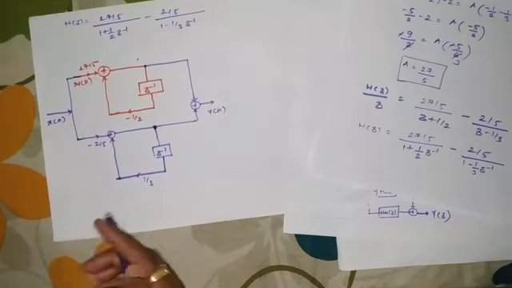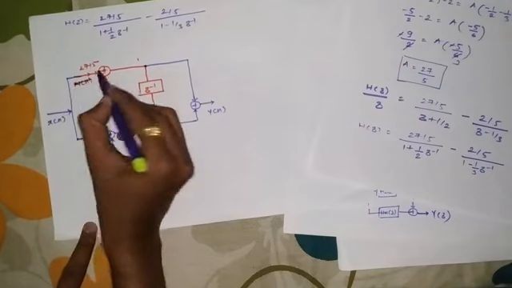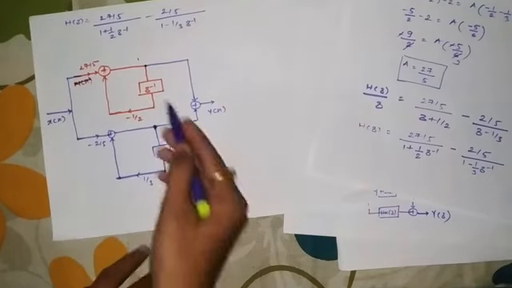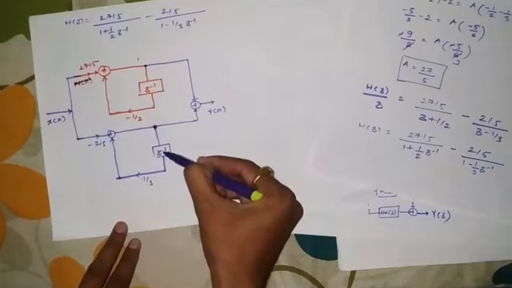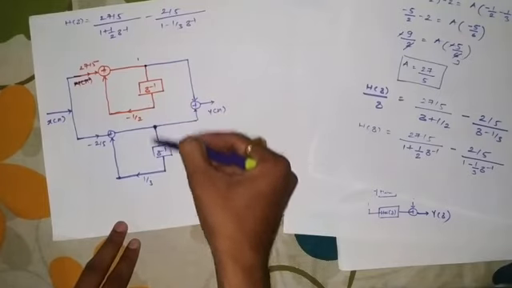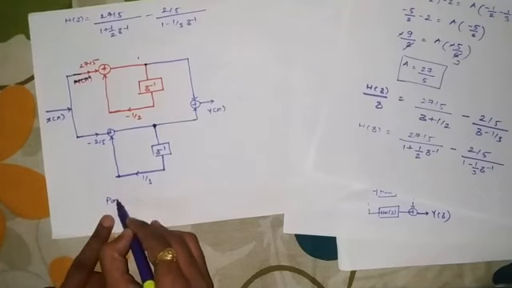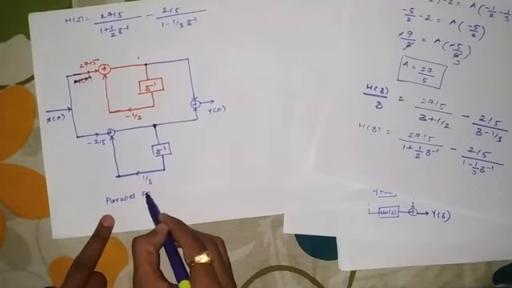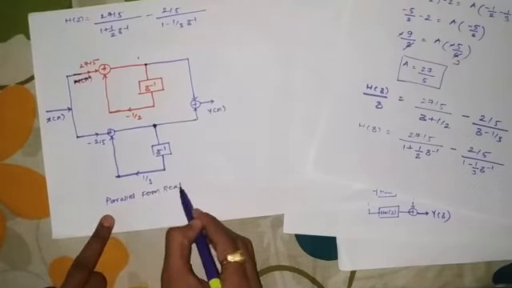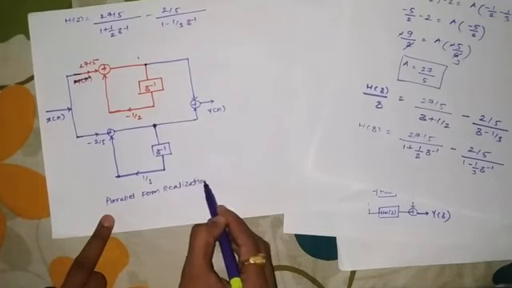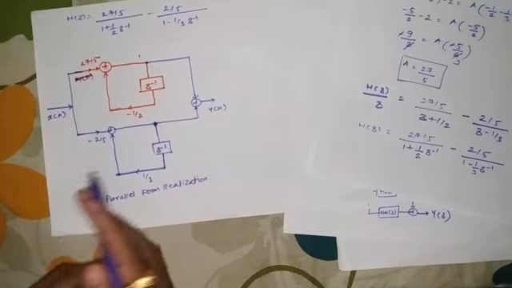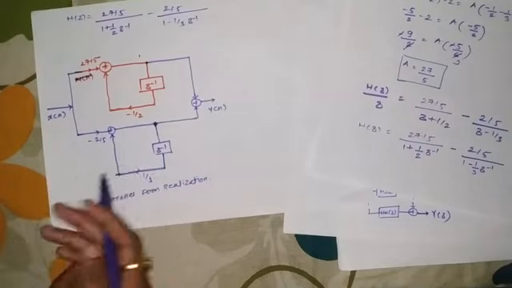Now you can see we can erase this x1(n). So you can see these two systems, H1(z) and H2(z), their transfer functions are added with each other. So this becomes the parallel form realization. Now this is one kind of example that we have seen.